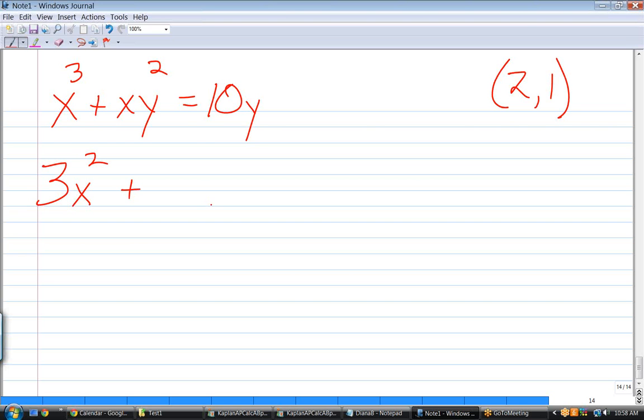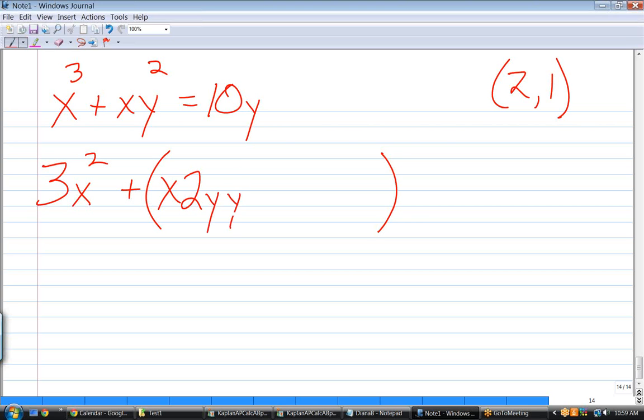Product rule. With respect to x, we're going to have to use the product rule here. So let's do it. Here, let me put big parentheses around it. And product rule is 1d2 plus 2d1. So x and the derivative of y squared with respect to x would be 2y times y prime.